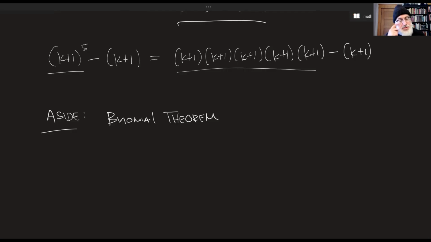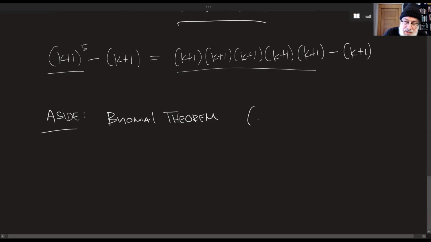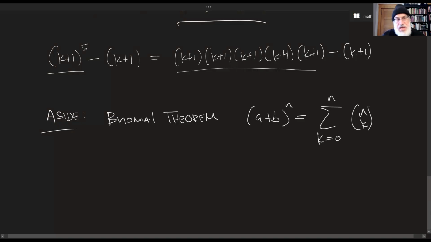So the binomial theorem says that if I have (a+b) raised to some power n, this will equal the sum, that's sigma, from k equals 0 to n of the combination (n choose k) times a^(n-k) times b^k.